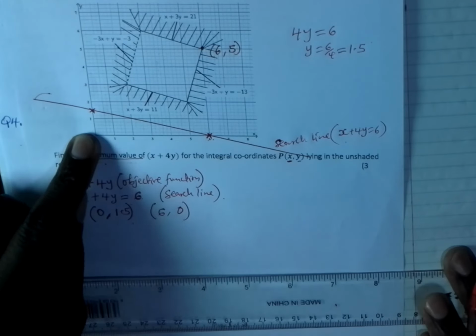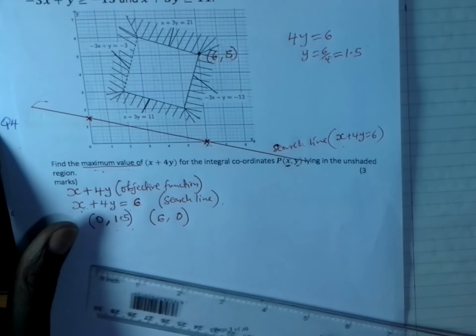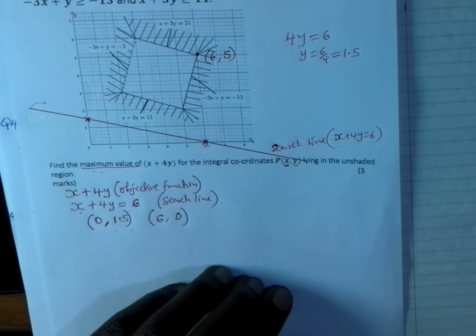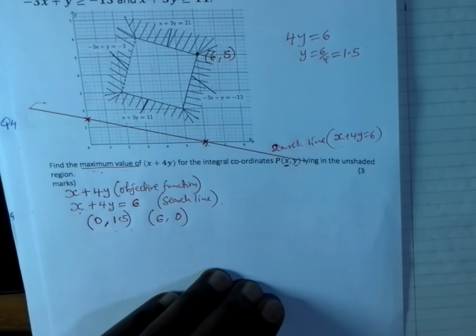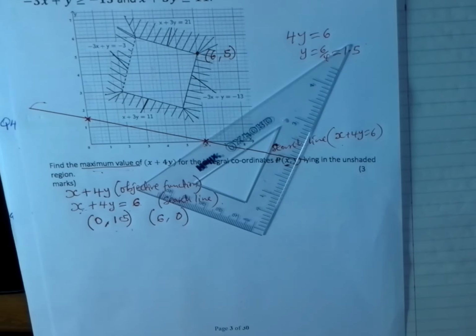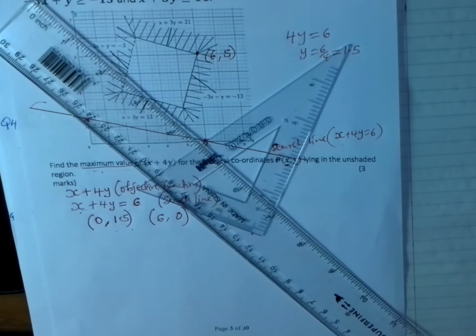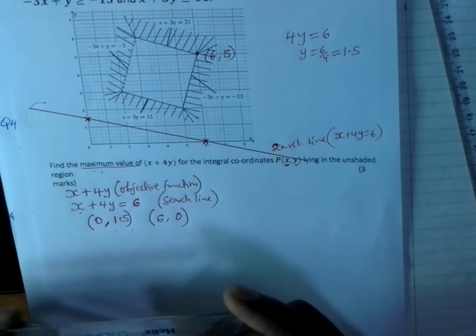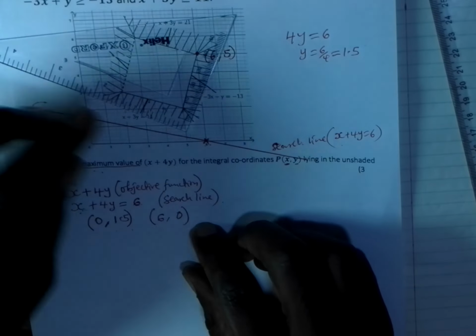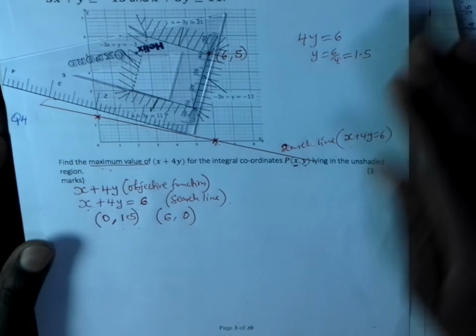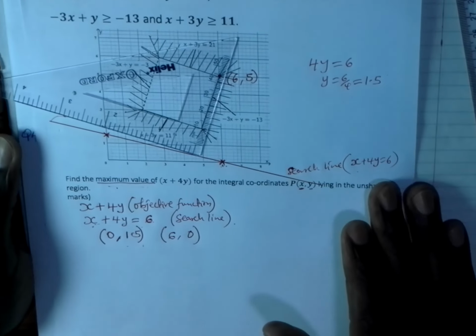Therefore, we use this search line to draw another line, using a set square and the ruler. I want you to learn how to use the set square.